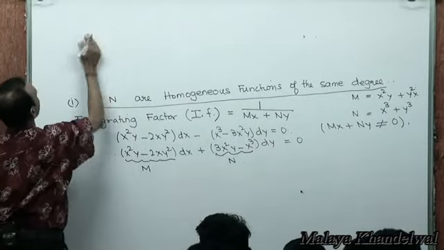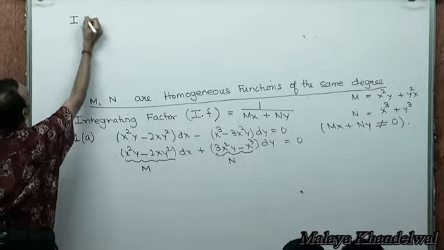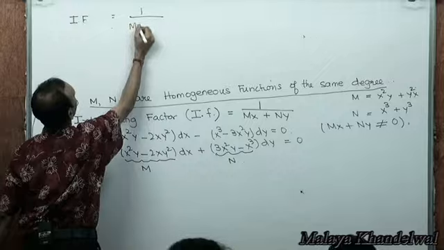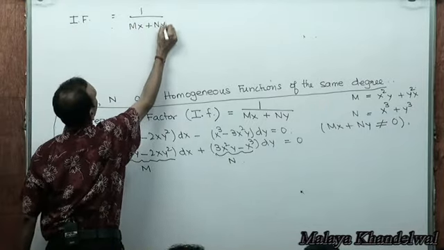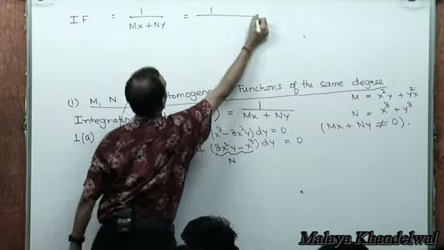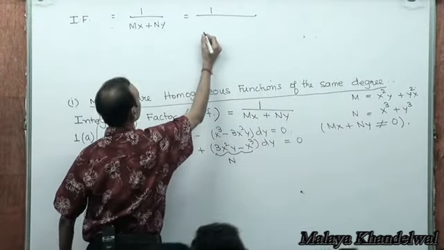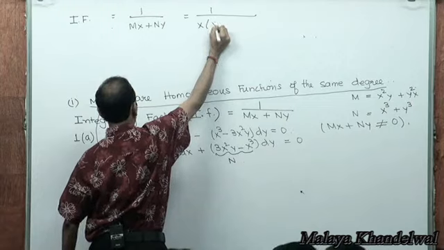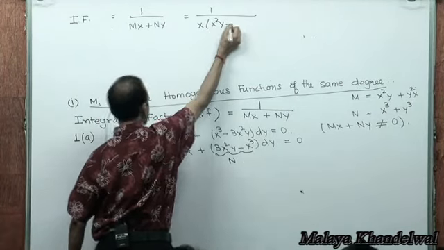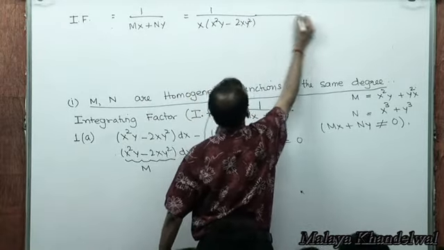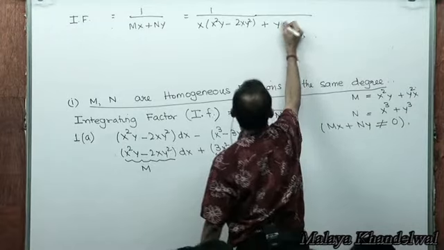So the integrating factor for this differential equation would be 1 by Mx plus Ny, which is like 1 by this into x. That means x into (x squared y minus 2xy squared) plus Ny.